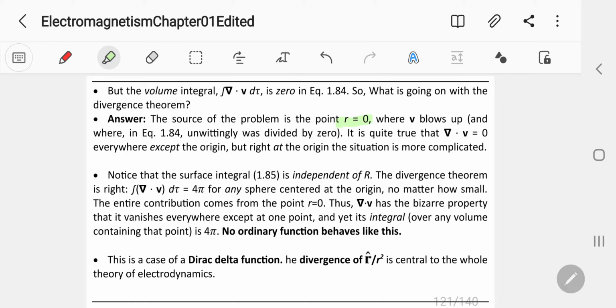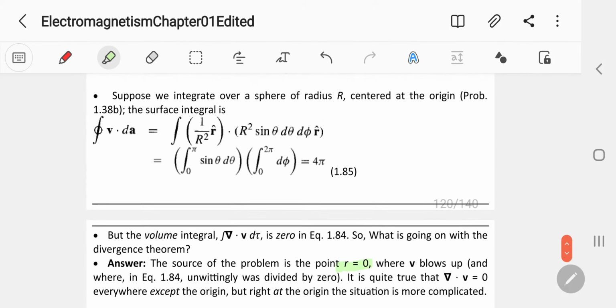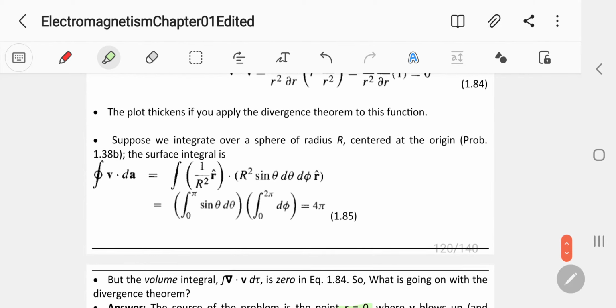So let's now go back to the integral 1.85. Look at this integral. Here you have that integral, and at that point you have cancelled r squared, and so the integral reduces to this.